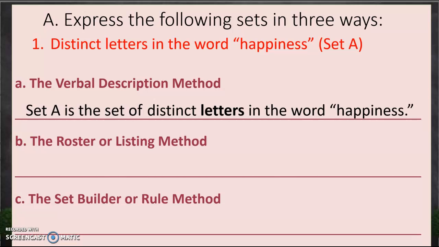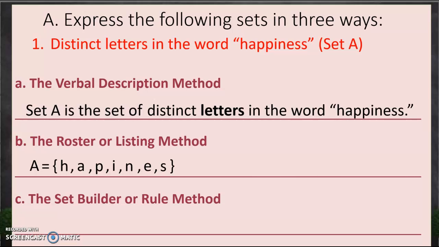Letter B, roster. We use A for naming the set, equal sign, then open brace. The letters we have are H, A, P. We write it once, then I, N, E, S. So that is the roster method.